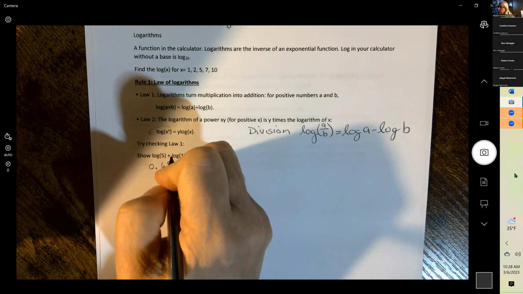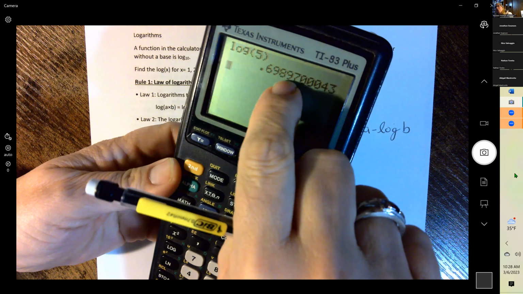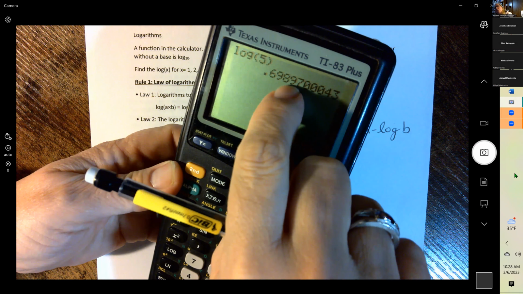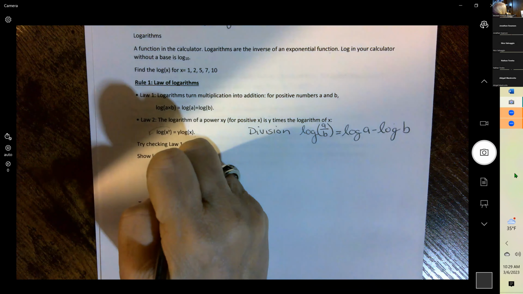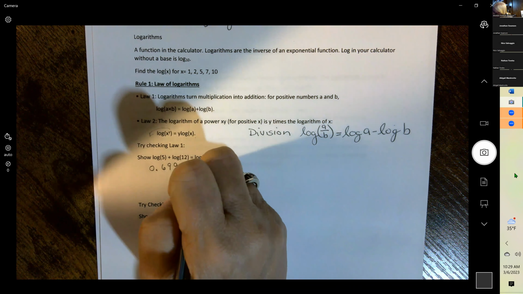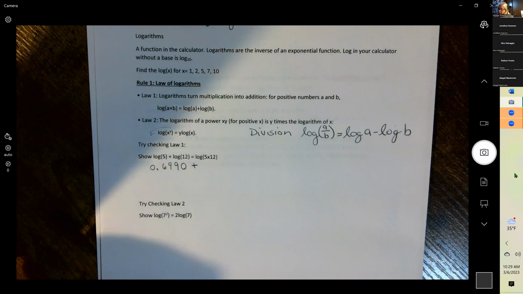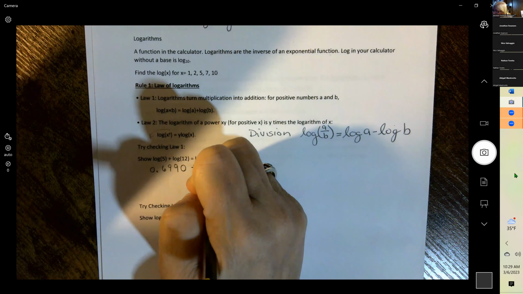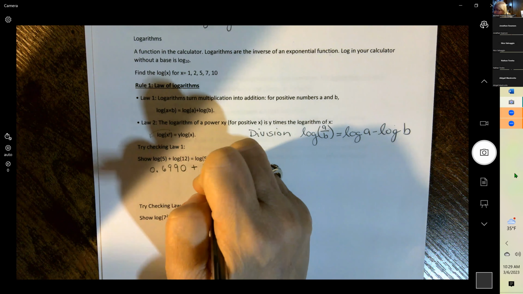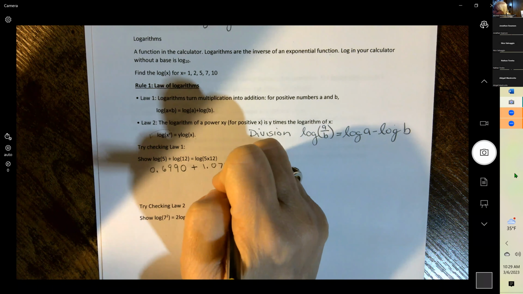If I go 4 decimal places, that 9's going to be a 0. So then that's going to be 699. Finally, log of 12 is 1.0792.